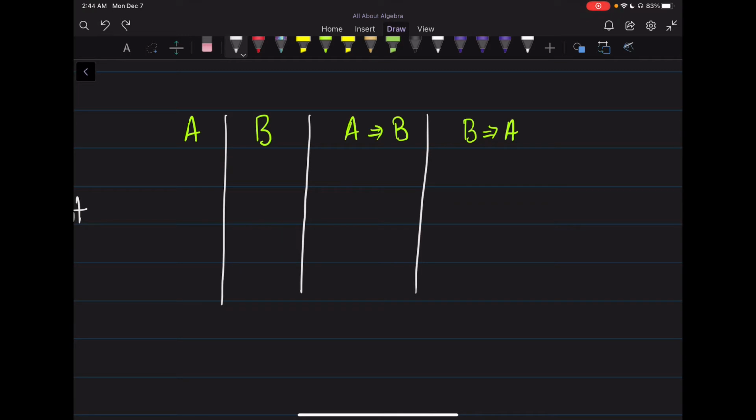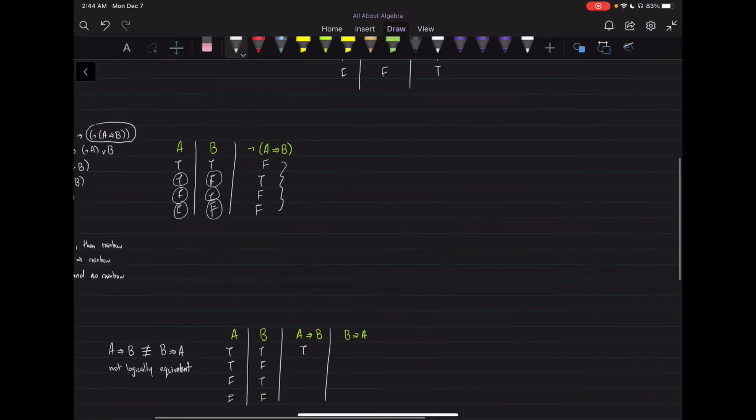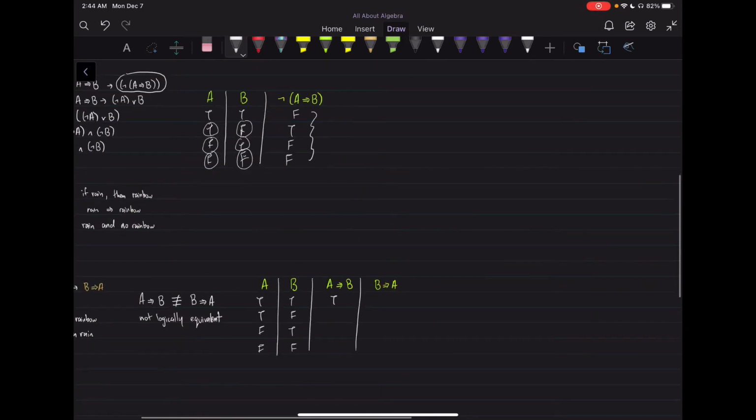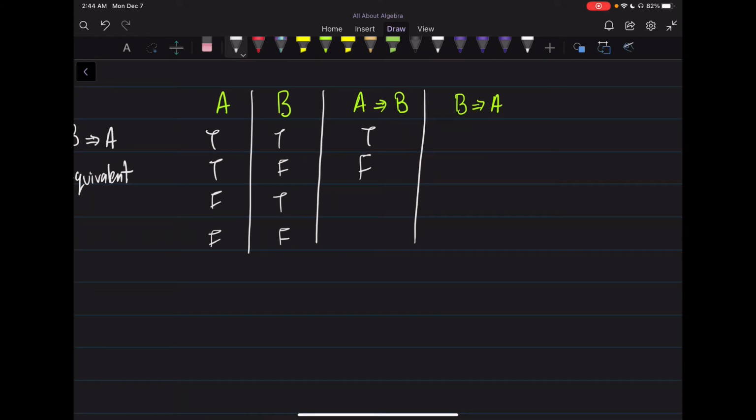And now we'll see that. Let's put it to the test. So if true implies true, we get true. If true implies false, using a truth table from above, we get false, right? If false implies true, we get true, and if false implies false, we get true.